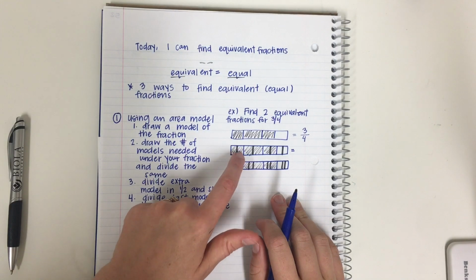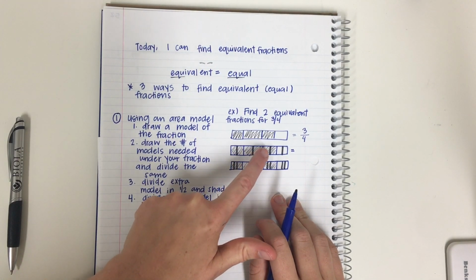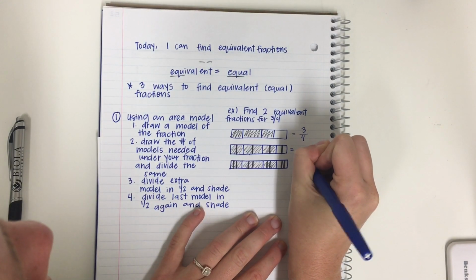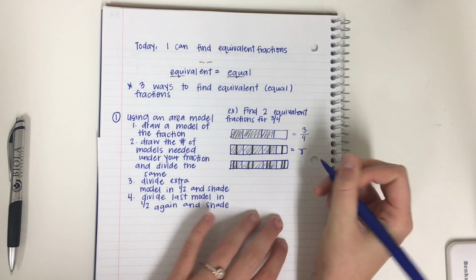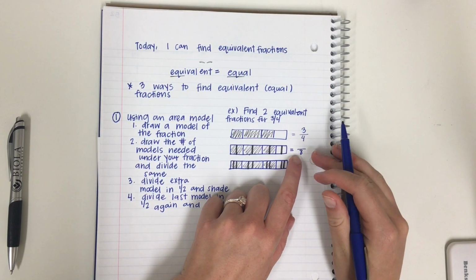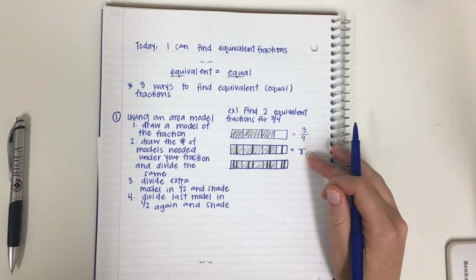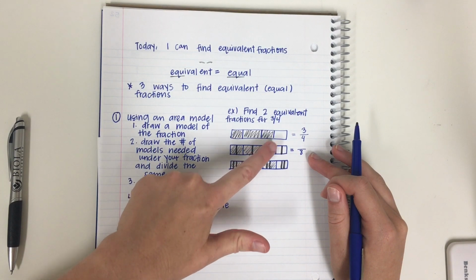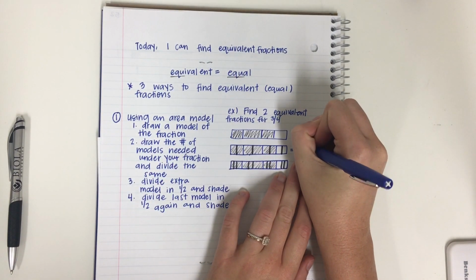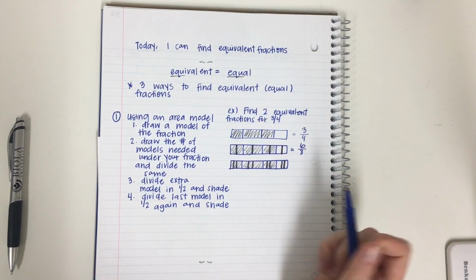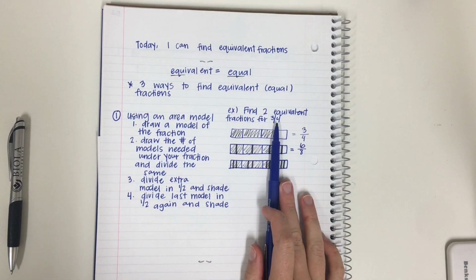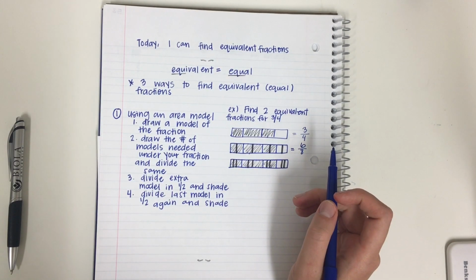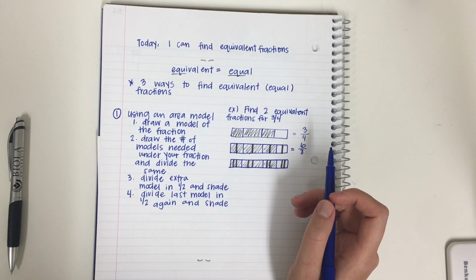I have 1, 2, 3, 4, 5, 6, 7, 8. 8 is my denominator, down denominator. How many parts do I take? 1, 2, 3, 4, 5, 6. So there's my first equivalent fraction. If you look, they are the same, right? They are equal, except this one is just broken up a little bit more, okay?